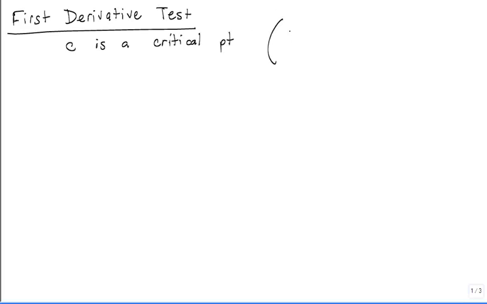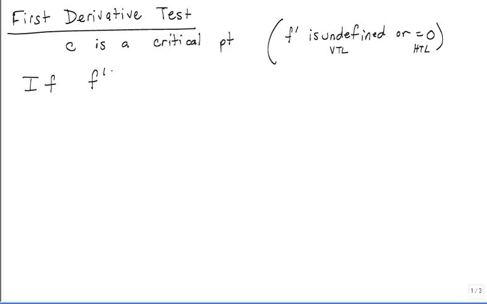Now, review that. That's where f prime is undefined or equal to 0. So you either have a vertical tangent line or a break, or you have a horizontal tangent line. Okay.